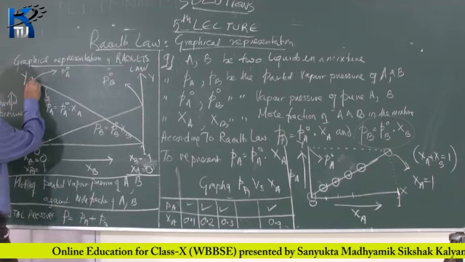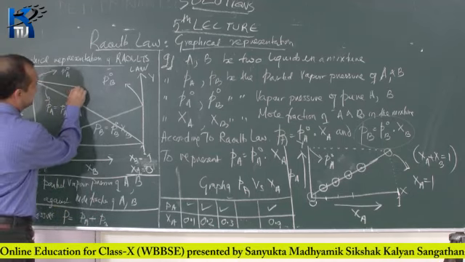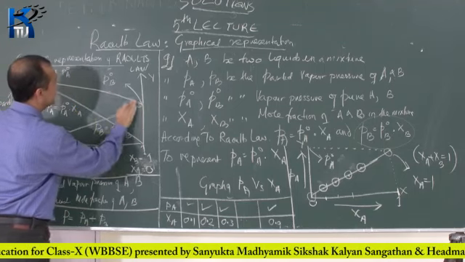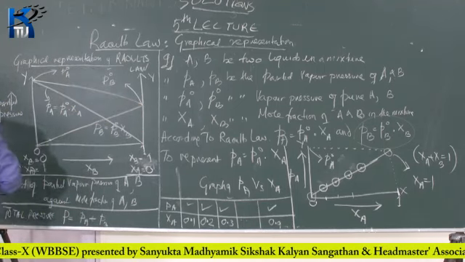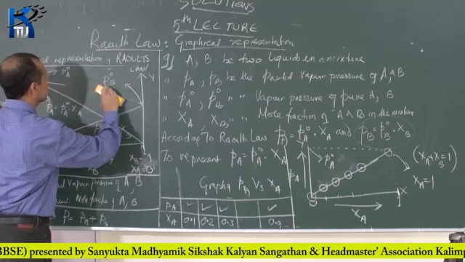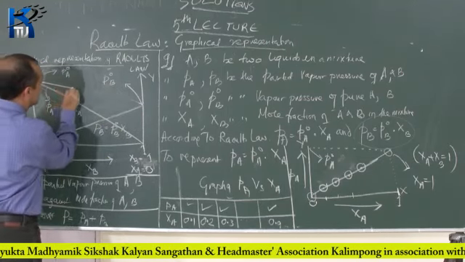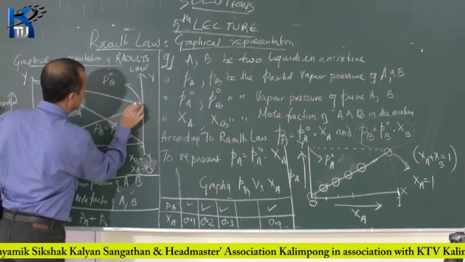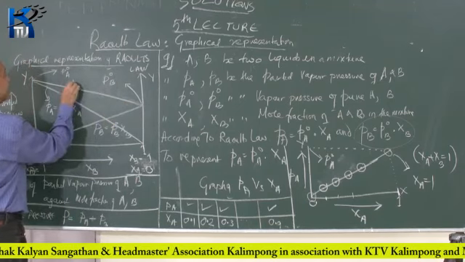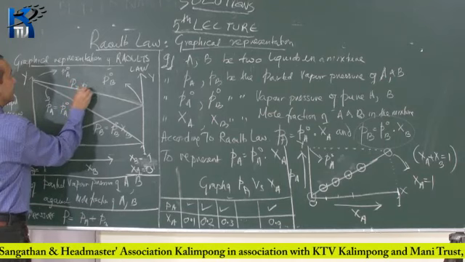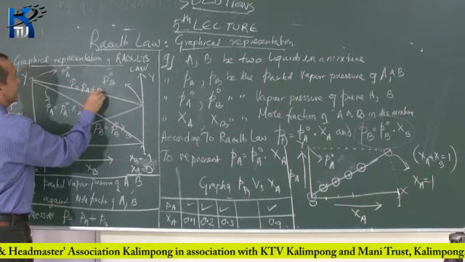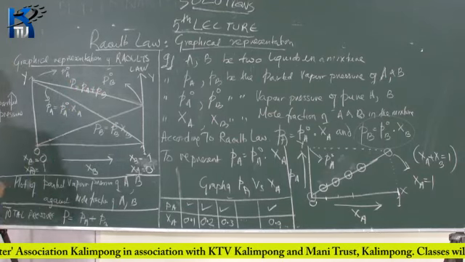You find this by joining these two corners. This should be a straight line. So this represents P equal to PA plus PB.